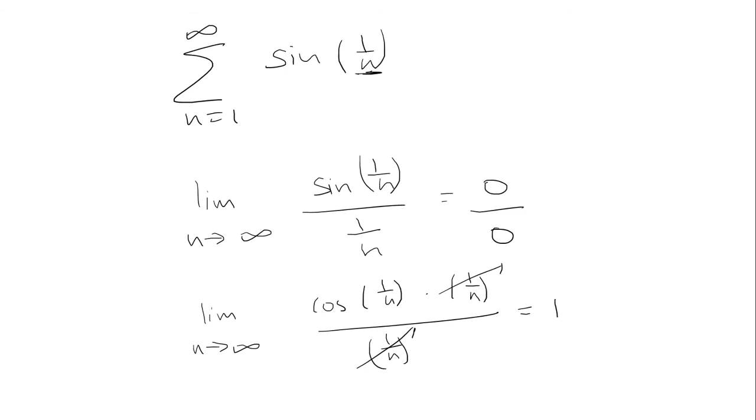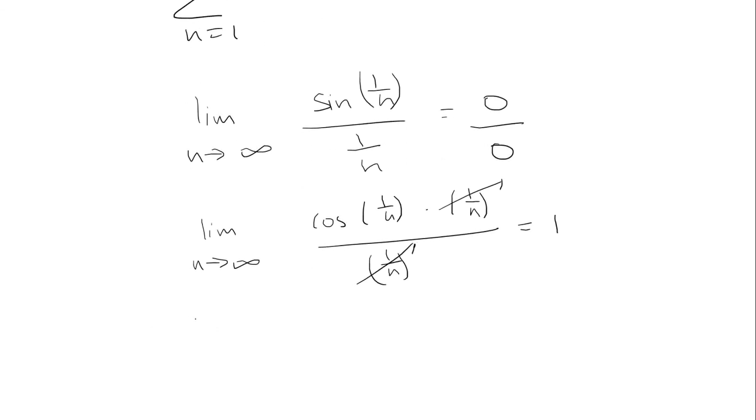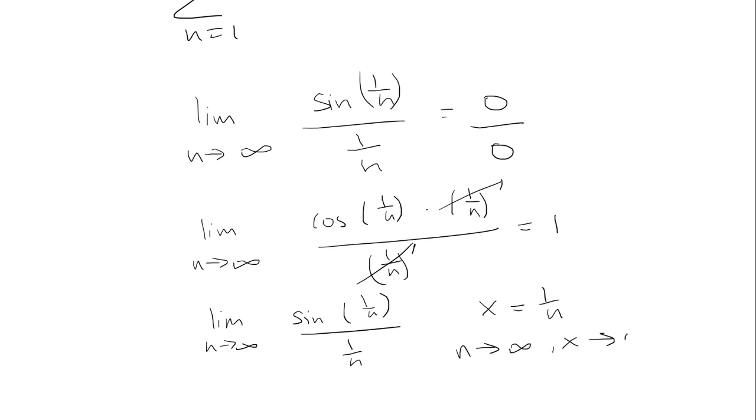Let's say if you don't feel like doing this, you can also do a substitution. Let me just rewrite the original limit. If we let x equal 1 over n, we know that as n approaches infinity, x will approach 0.